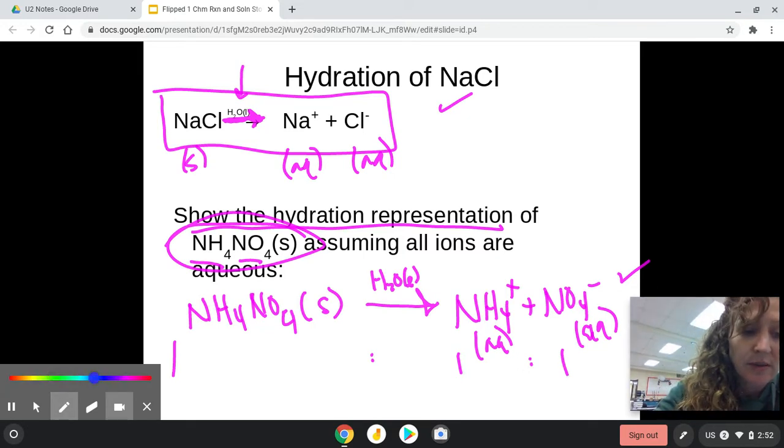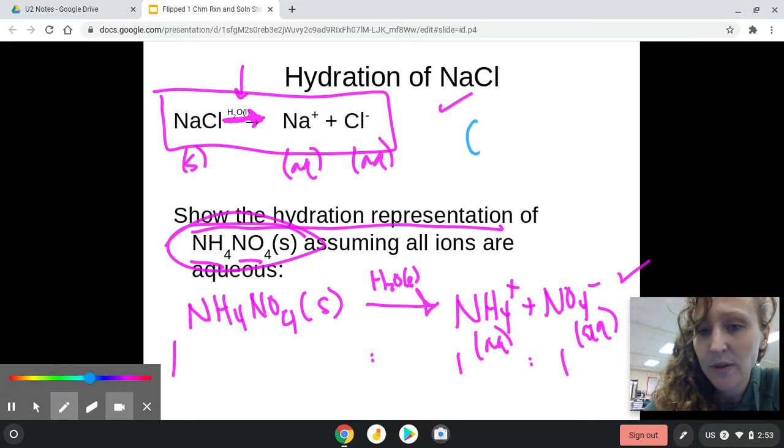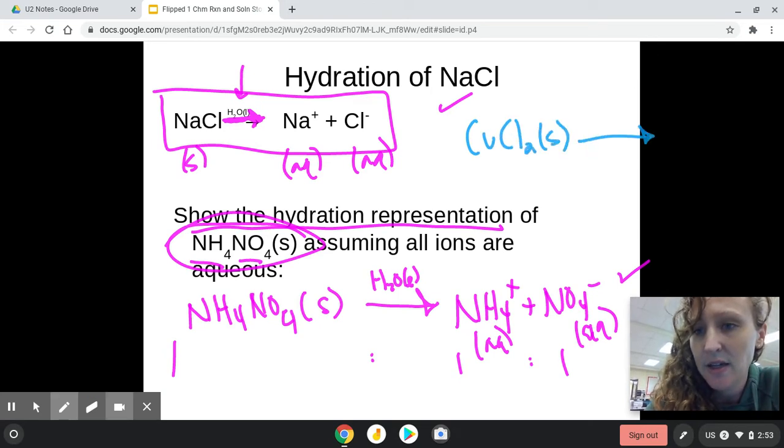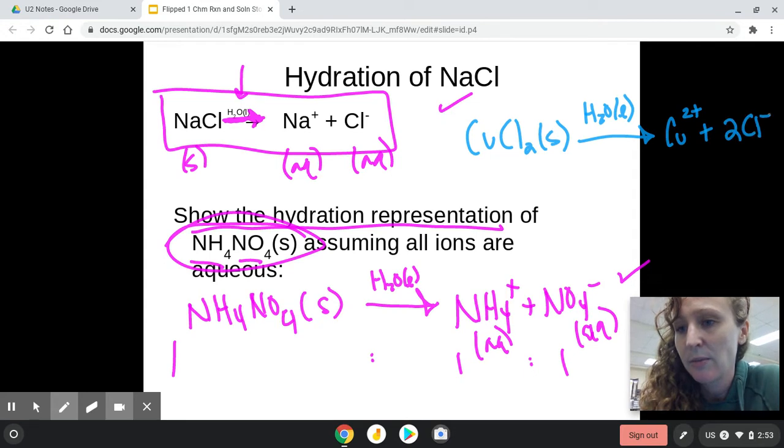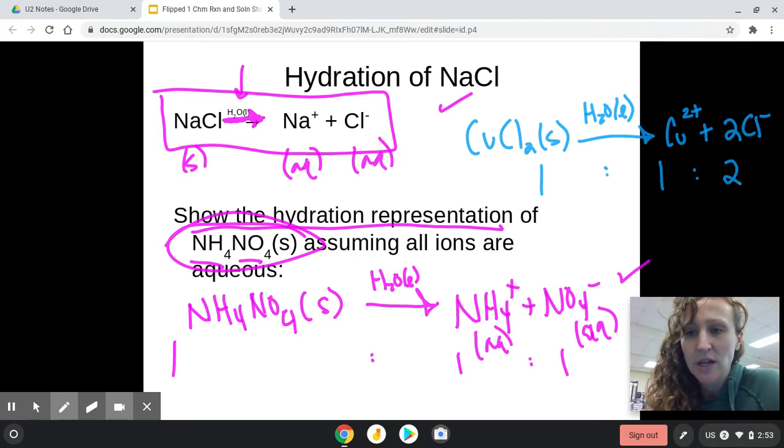If we do the same thing for copper(II) chloride, for example, CuCl2, if we start it as a solid, we're going to hydrate it with water. It will end up in Cu2+ and 2Cl-. And notice that that ratio is a 1:1:2 ratio. So you do have to pay attention to how many ions are in your salt.